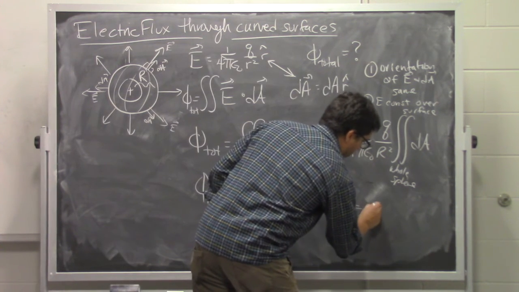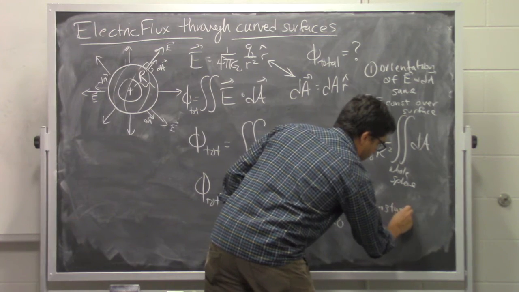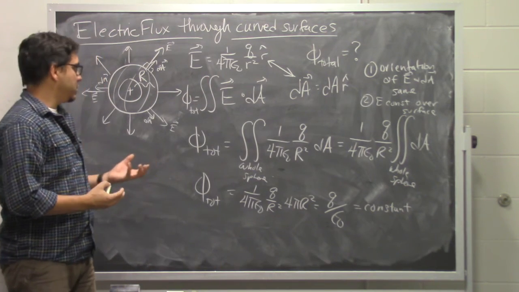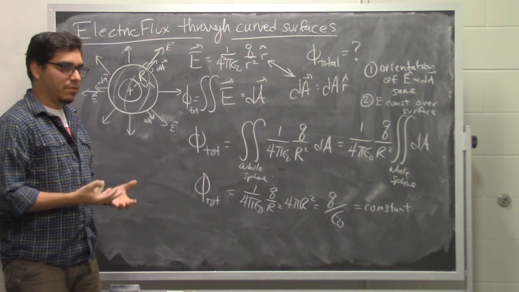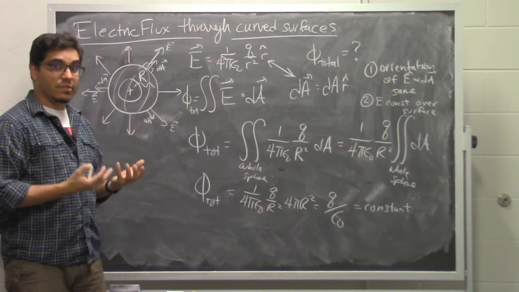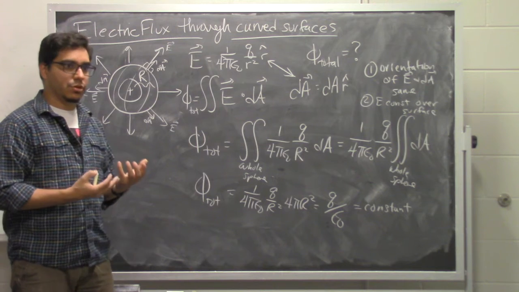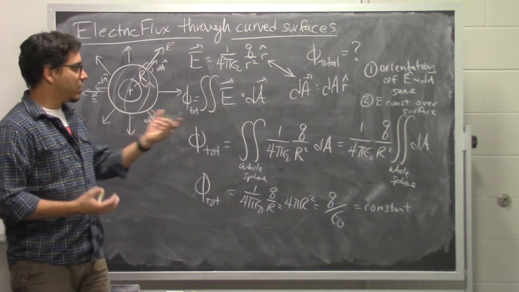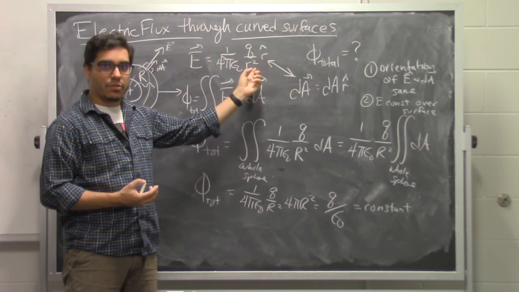So this is a really interesting result, which is that for these kinds of situations where you have charges that are fully encapsulated, the total electric flux is actually just directly related to the total charge that you've enclosed. And that only happens because the electric field of a point charge depends on 1 over r squared.